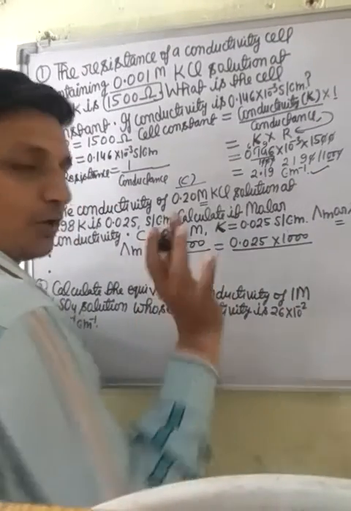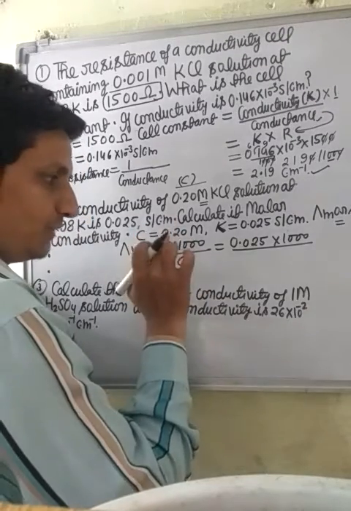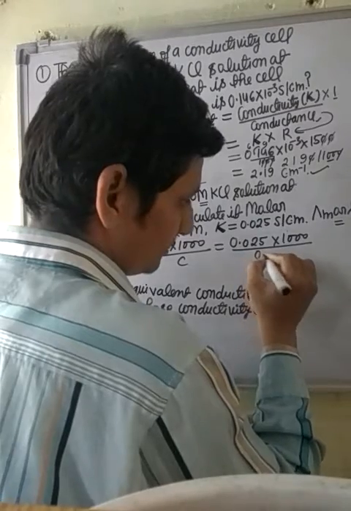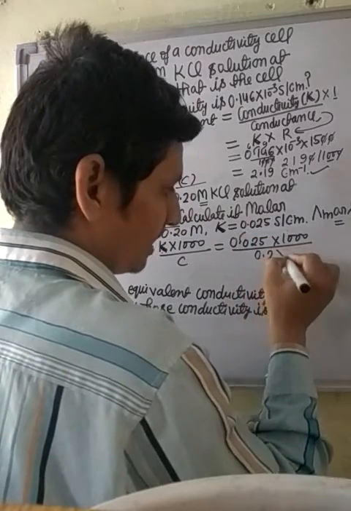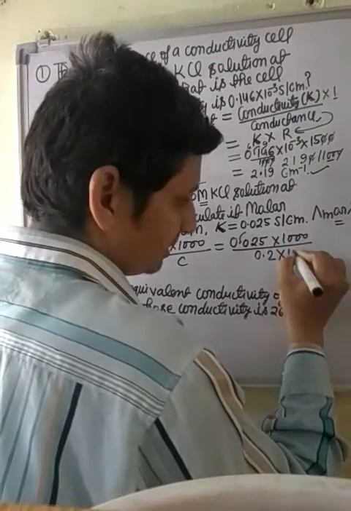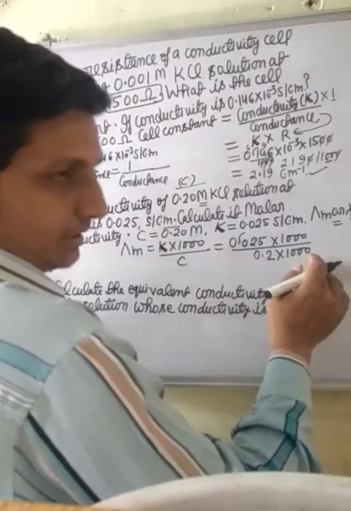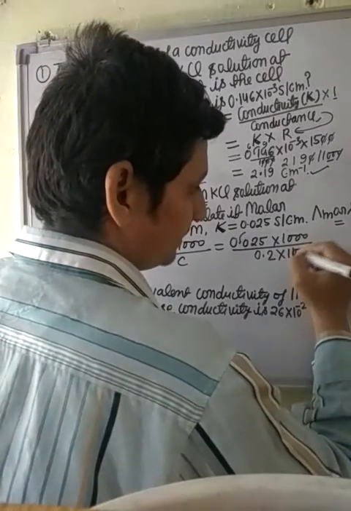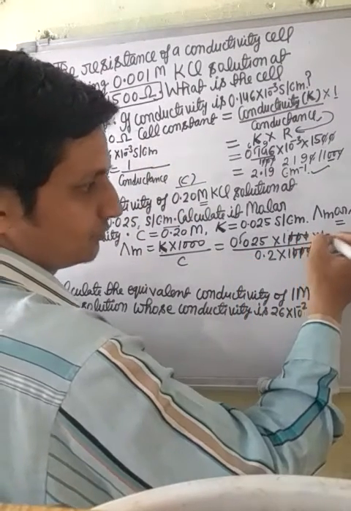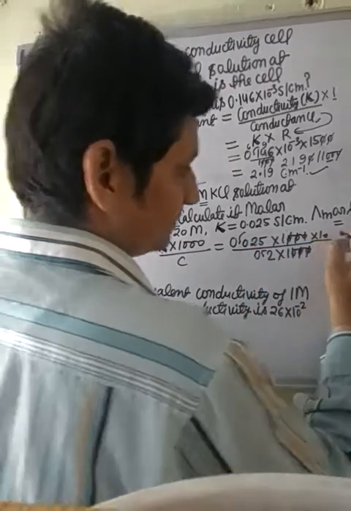We can write it as 0.2 only, because after the decimal there is no importance of the trailing 0. Okay students, 0.2, remove this point. After the point there is 1 digit, so we use 10, meaning 1000 in the denominator. The zeros cancel. When we remove this point, we get one more 0. 25 times 10, total we get 250.